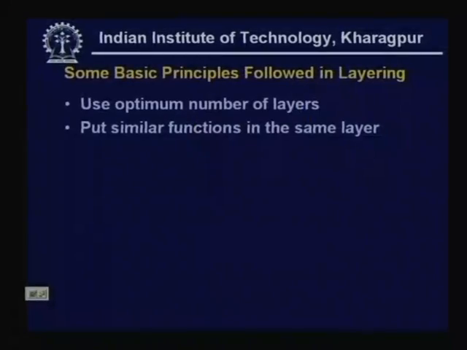Whenever we do layering, we have to follow some principles to do the partitioning. What is the first principle to be followed? The first principle is to use an optimum number of layers. The number of layers into which the complex problem is divided should not be too large or too small.